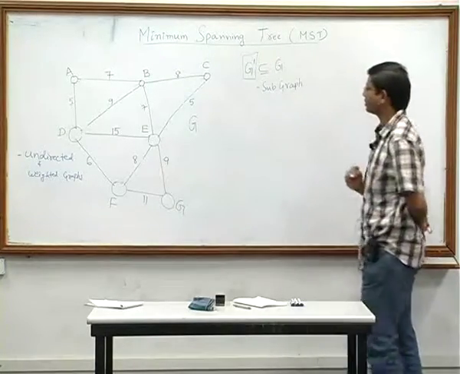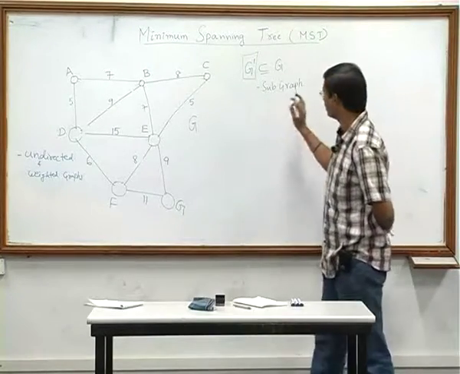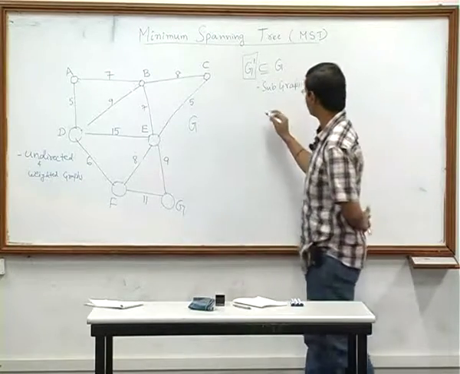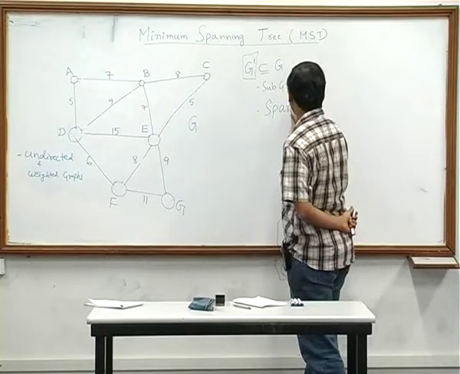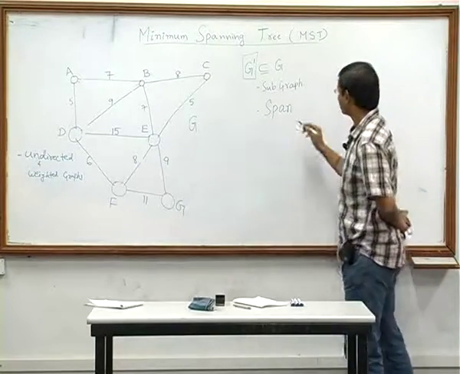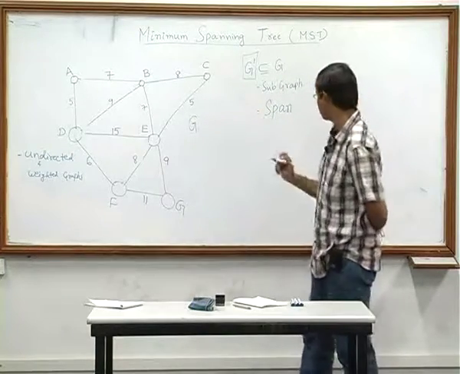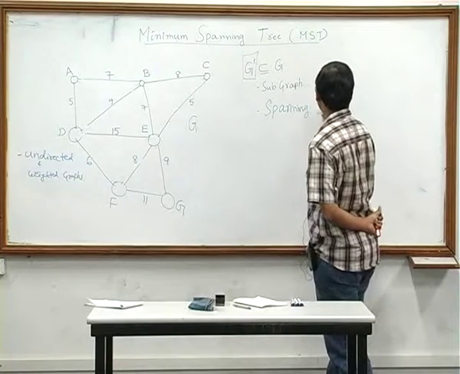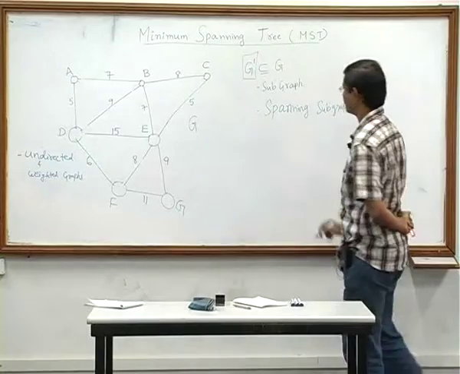Okay. And the properties for G prime should be, it should be a subgraph of G and it should cover all the vertices present in the graph. Okay. So in graph theory terms, it is also called as span. Okay. So if G prime contains all the vertices present in G, then we call it a spanning subgraph. Okay. So it just spans all the vertices present in G.